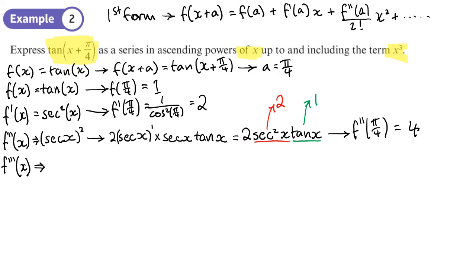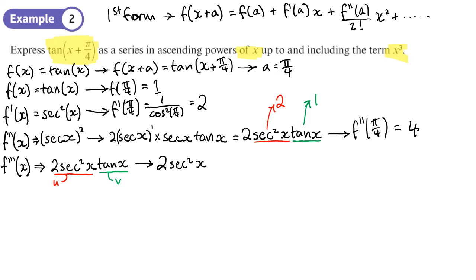Now when we differentiate a third time, we're going to think of what we had before and use the product rule again. There are things that we can use from before to help us. So if we call this part u and this part v, when we differentiate it, we're going to have u, 2 sec squared x, times v dash, that's tan differentiated.